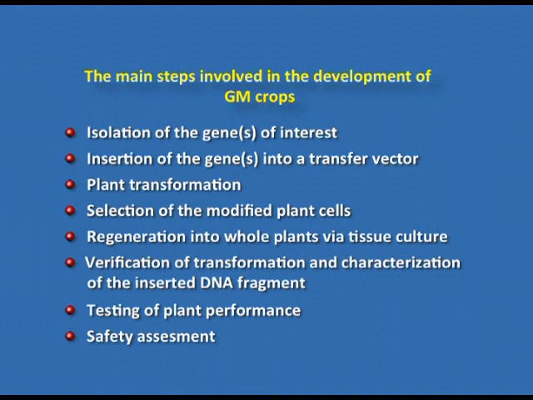The vector carries this gene into the target cell, where the gene is inserted into the target cell genome, and here it is cloned and multiplied. After multiplication, these are isolated and regenerated into whole plants under controlled conditions. After they successfully exhibit the trait, these are released into the market.